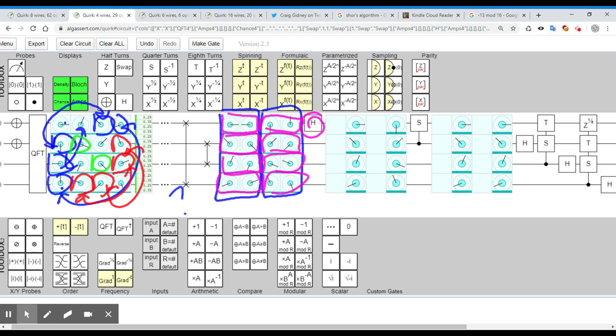And because all these pairs have the same phase, that's going to fall into the 0 column.